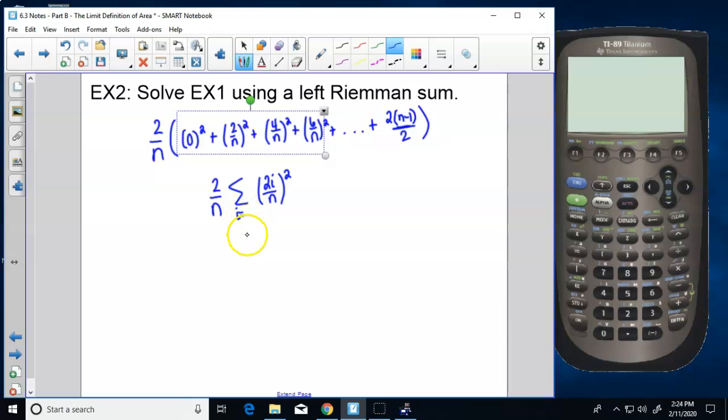But what should my i start at if I do this? 0, and instead of going all the way to n, I go to n minus 1. Okay, I am not going to go further with this. This is how you would set this up. But the problem with this is shortcut rules.